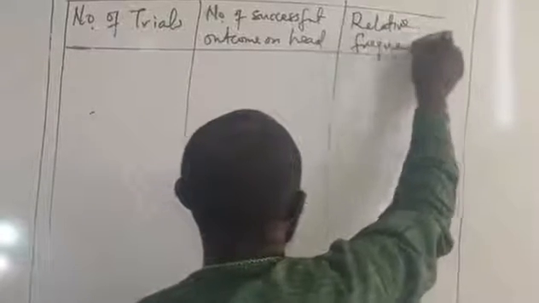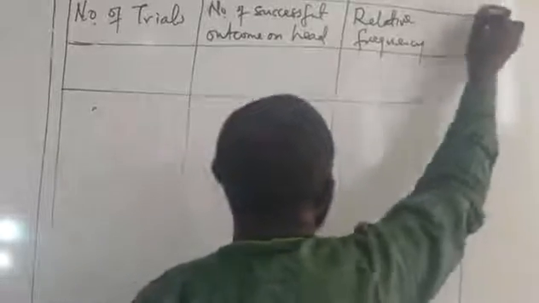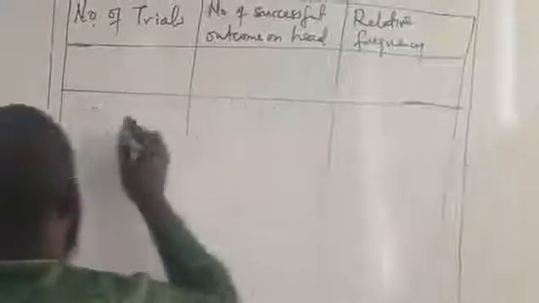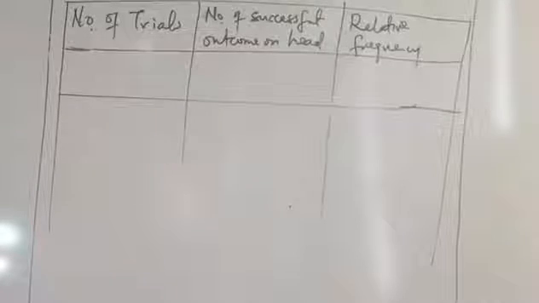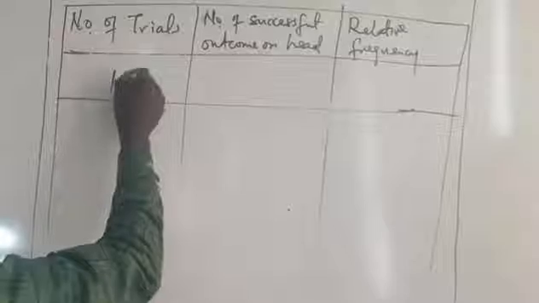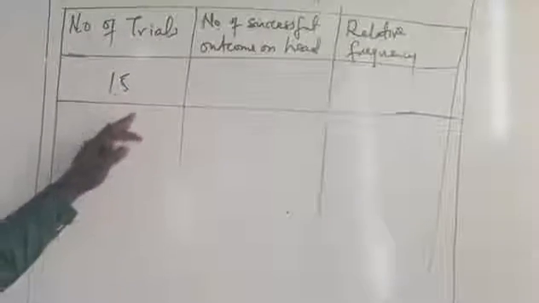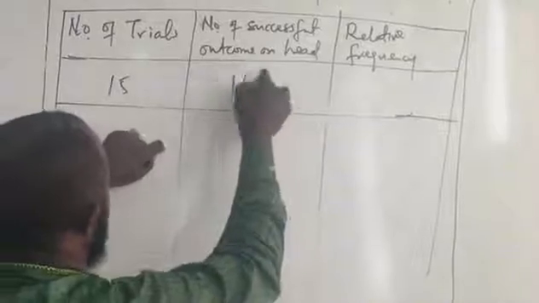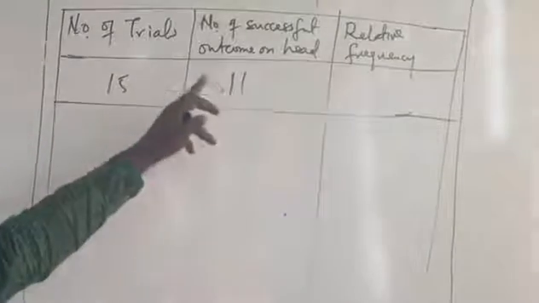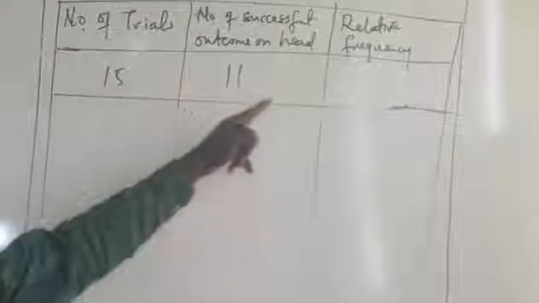So we're going to assume that when we throw the first 15 trials, out of the 15, we have 11 heads. Head appears 11 times. What will be the relative frequency?